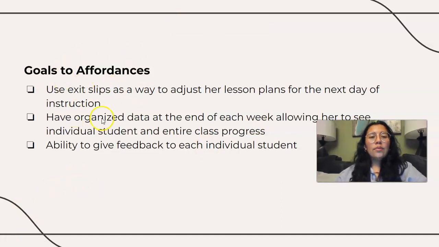We were able to look at Ziplit and see that it can afford the use of exit slips as a way to adjust Mrs. Smith's lesson plans for the next day of instruction. It also affords Mrs. Smith organized data at the end of each week, allowing her to see individual student and entire class progress. It also affords the ability to give feedback to each individual student.